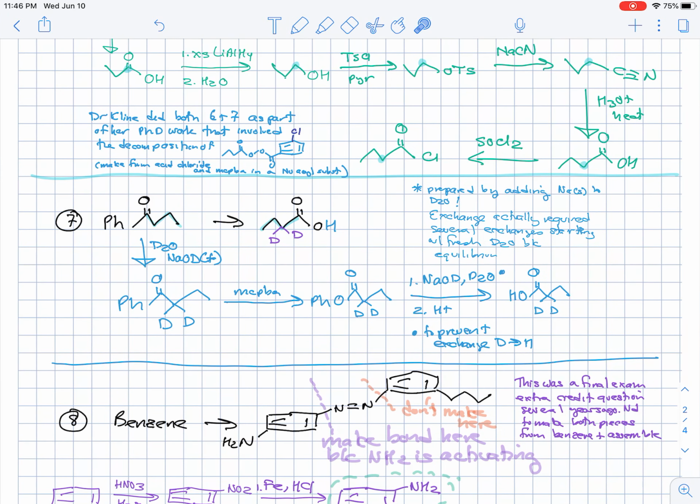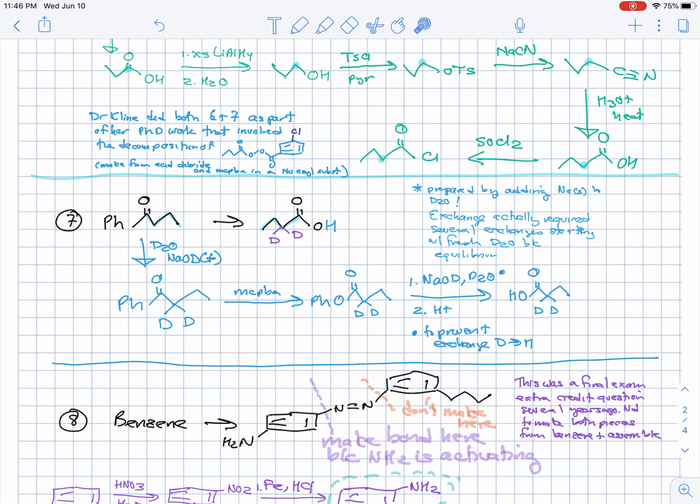So likewise, I also got to put deuterium in the same compound. And so I did this. First, I did a deuterium exchange. So this is a little bit like the deuterium exchange those of you who took Chem 24 lab did this semester with the amide, except that what we're doing is replacing these acidic alpha hydrogens with deuterium.